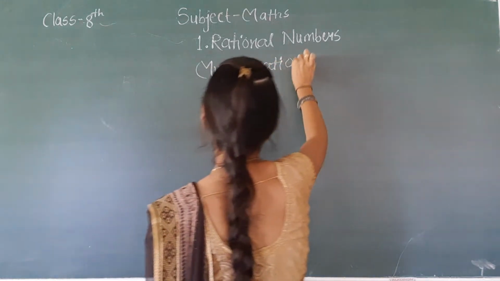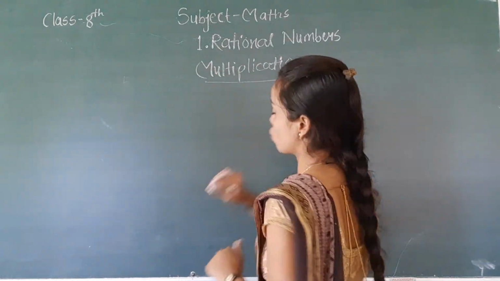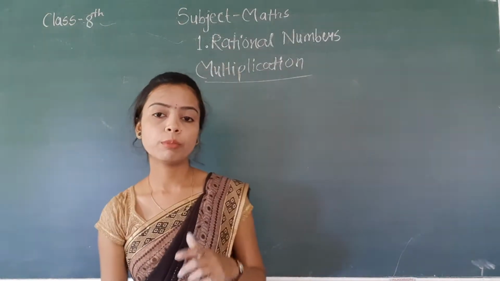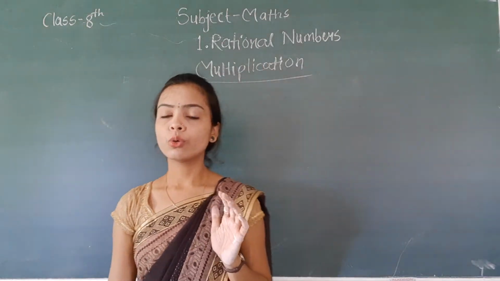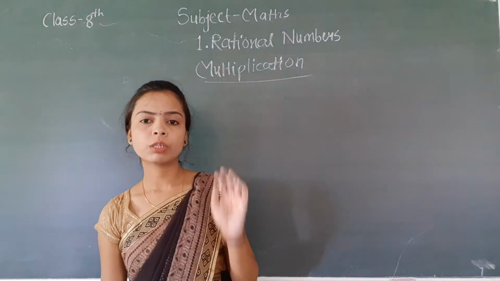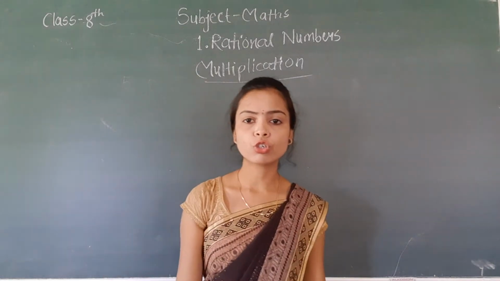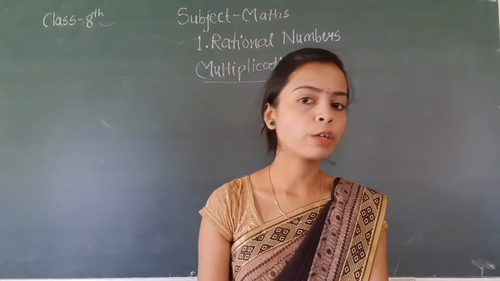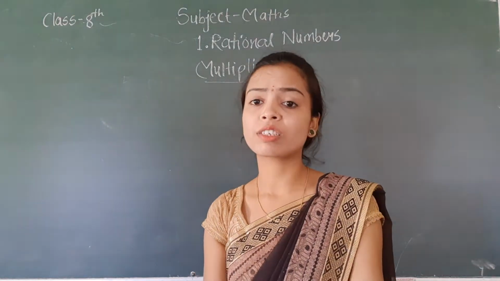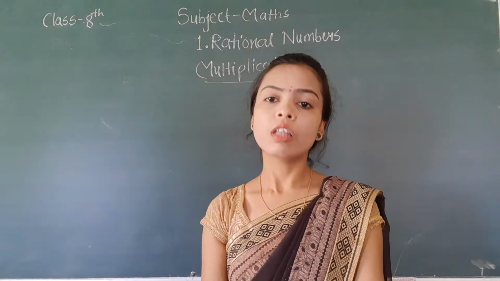How to multiply two rational numbers? You know about it because you have studied it in your previous classes. How to multiply two fractions, and I told you fractions are nothing but rational numbers.